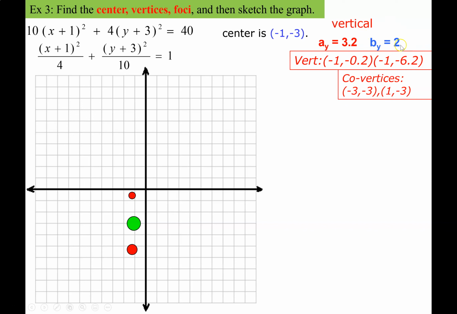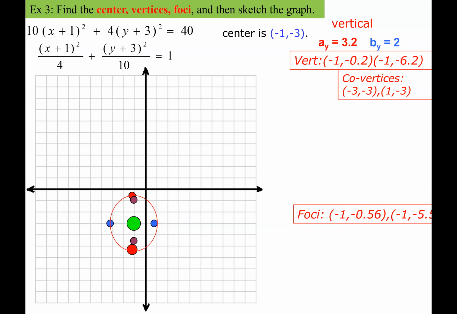Remember, our b value was 2. So if we look at the center, the minor vertices for a vertical ellipse would be horizontal, to the right and to the left. The situation would be opposite, up and down, if our ellipse had been horizontal. Include the foci as well, and then go ahead and connect your points. All right, all done, guys.